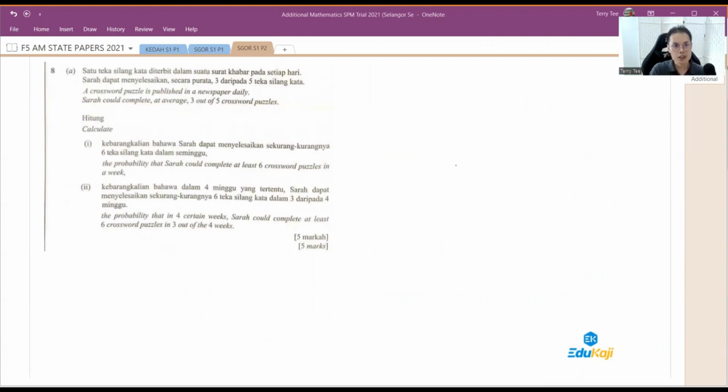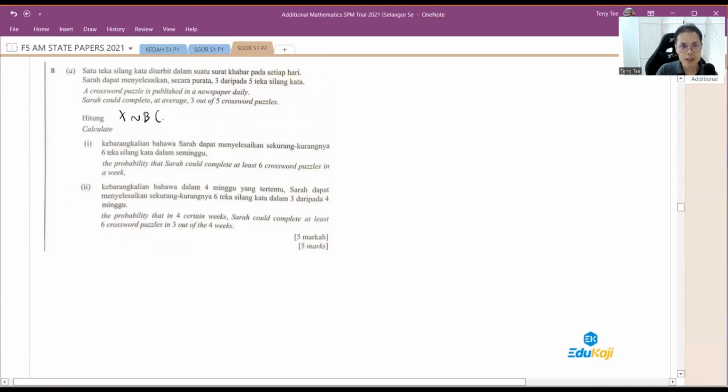First of all, you have a crossword puzzle published in a newspaper daily. Sarah completes on average 3 out of 5 crossword puzzles. So it is a binomial, right? When we say you want to find the probability that Sarah could complete at least 6 crossword puzzles in a week.